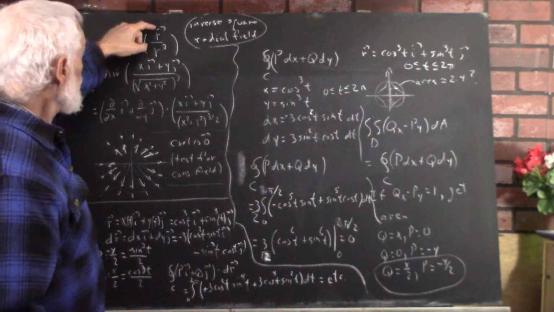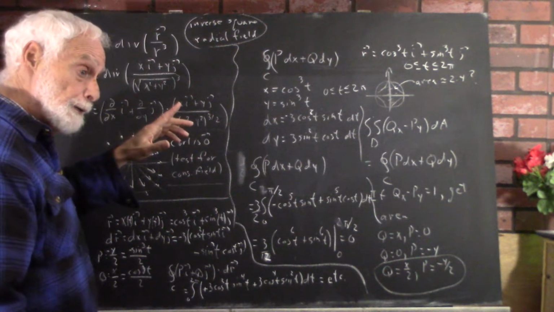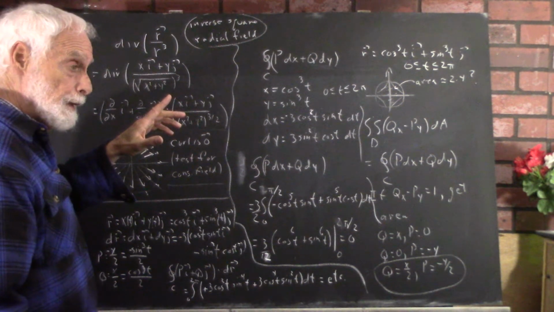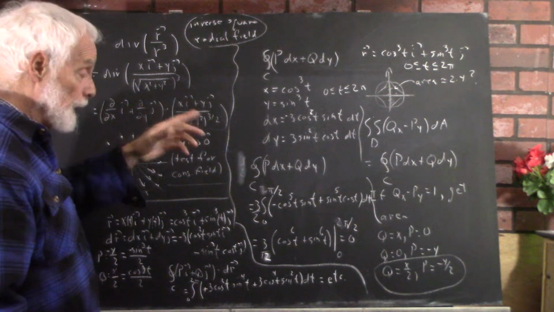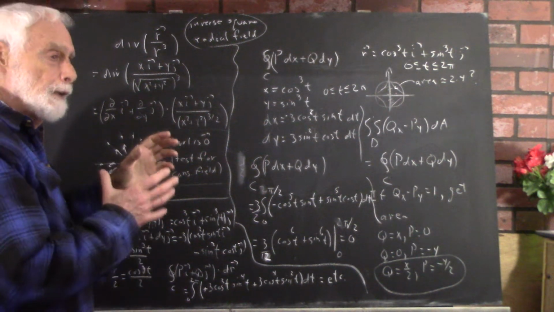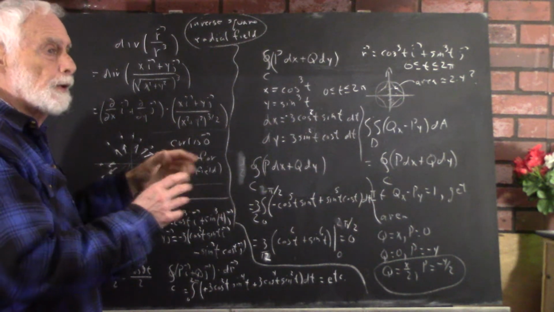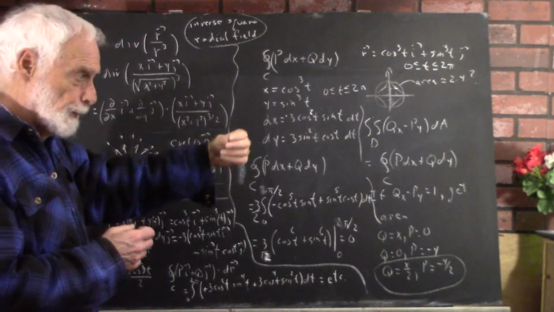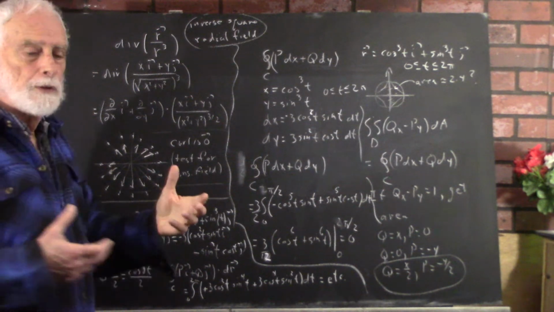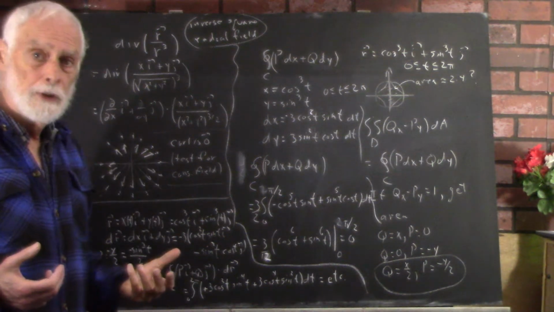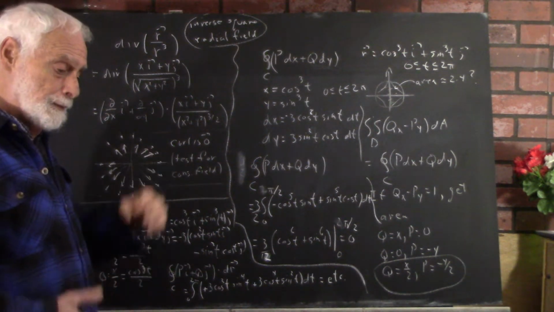If we divide the vector by its magnitude, we get a unit vector. And then if we divide by the square of the magnitude, we get a vector that has a magnitude that's inversely proportional to the square of its distance from the origin. And that applies to the field of an electrostatic charge or a gravitational point mass.